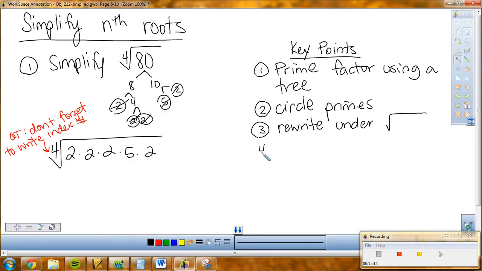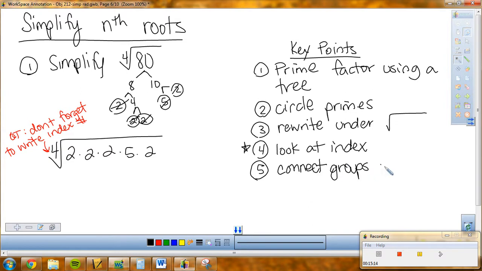Right? So step 4. Look at your index. This is going to tell you how many groups you're looking for. Step 5 is connect groups of index number with a line.